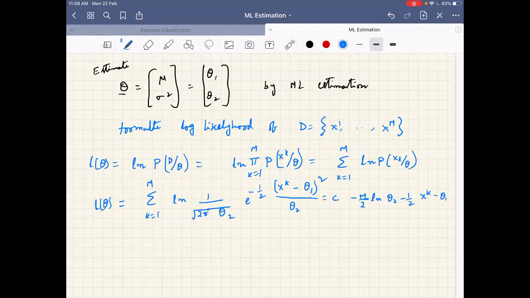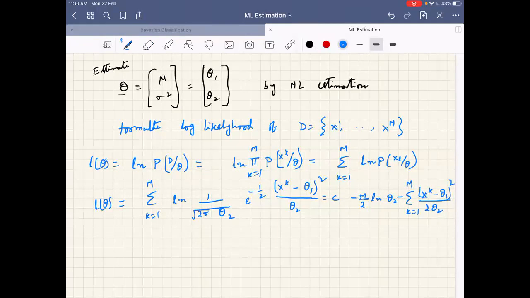I skipped it because it does not depend on theta, so it is good enough to skip. Is whatever I have written correct? Minus the summation over k equal to 1 to m of xk minus theta 1, whole square, divided by 2 theta 2.